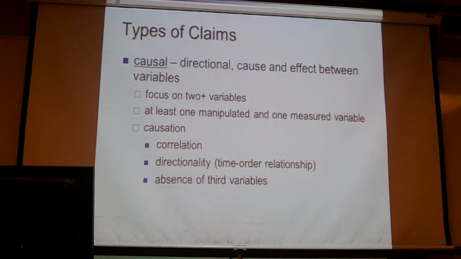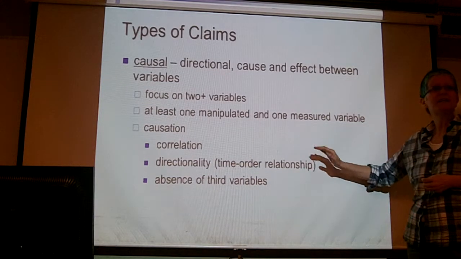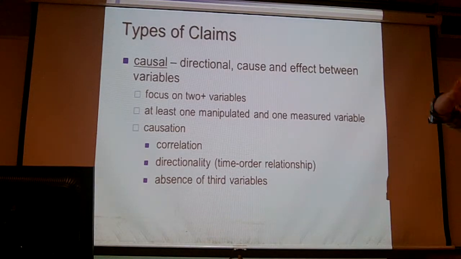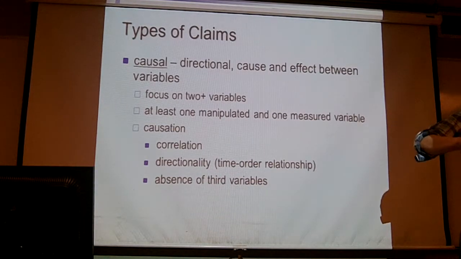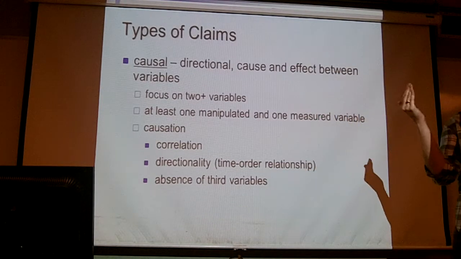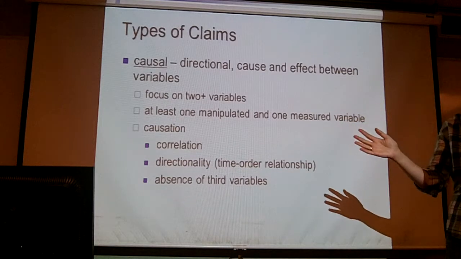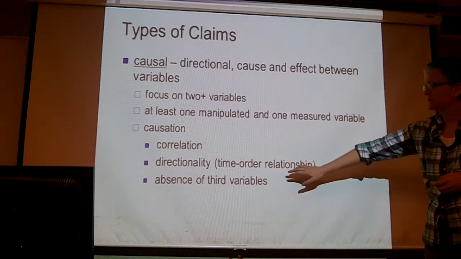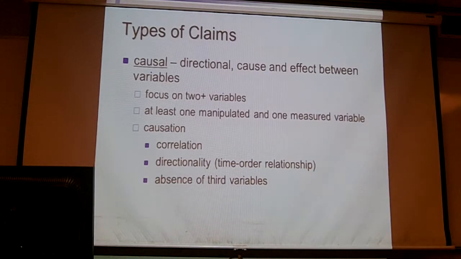So you have to have clear directionality. It has to be obvious that it was the changes in the IV that caused the changes in the DV. And one of the ways we do that is by setting up a time-order relationship. So nothing happens with the dependent variable until you have set up the differences in the independent variable. Lastly, you have to eliminate any other possible explanation for changes in the dependent variable other than the independent variable.